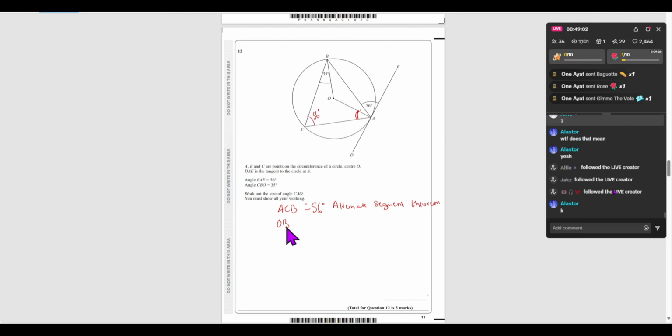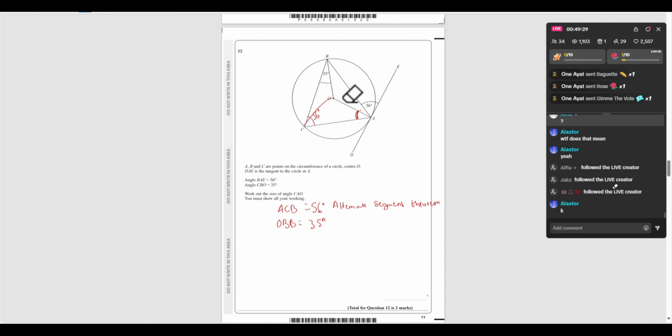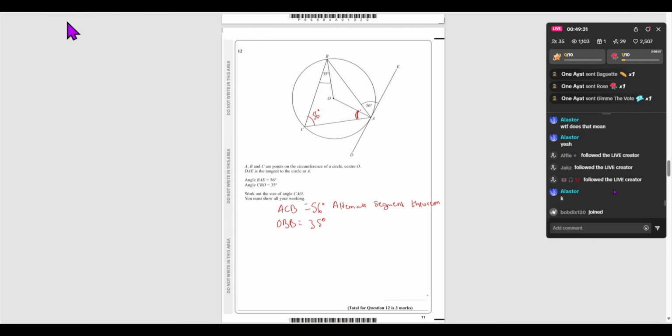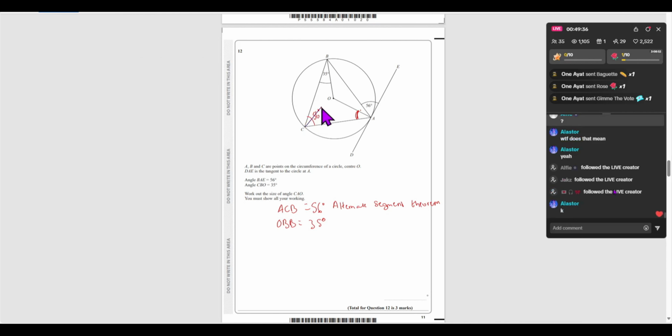Now OCB will be equal to 35 degrees because of angles at the base. This angle right here, if I quickly draw this out, makes an isosceles triangle.